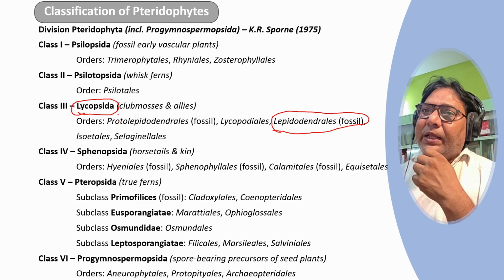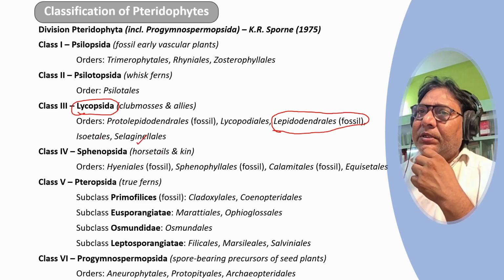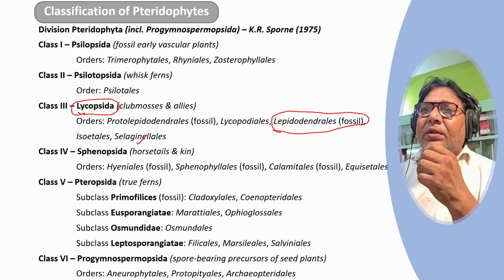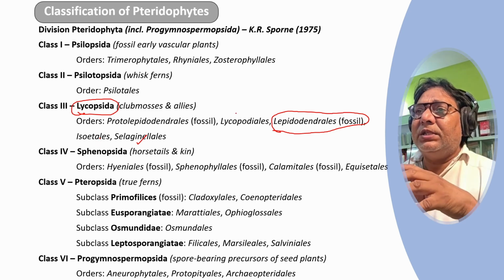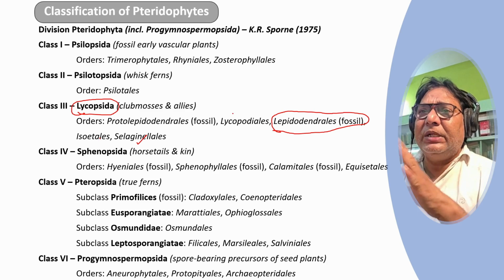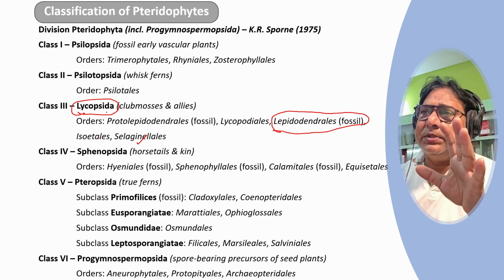Lepidodendron is actually a Lycopsid. Selaginella is Lycopsid. Isoetes is Lycopsid. Selaginellales is the order. The genus is Selaginella. Another genus Isoetes. Another genus Lycopodium. These are there in your syllabus. All these belong to Lycopsida.